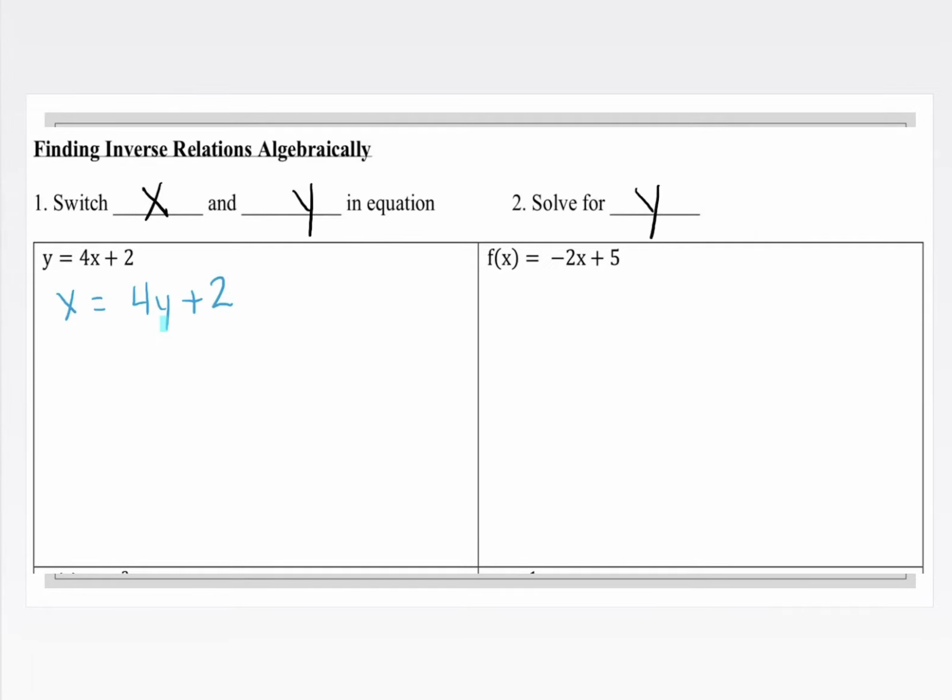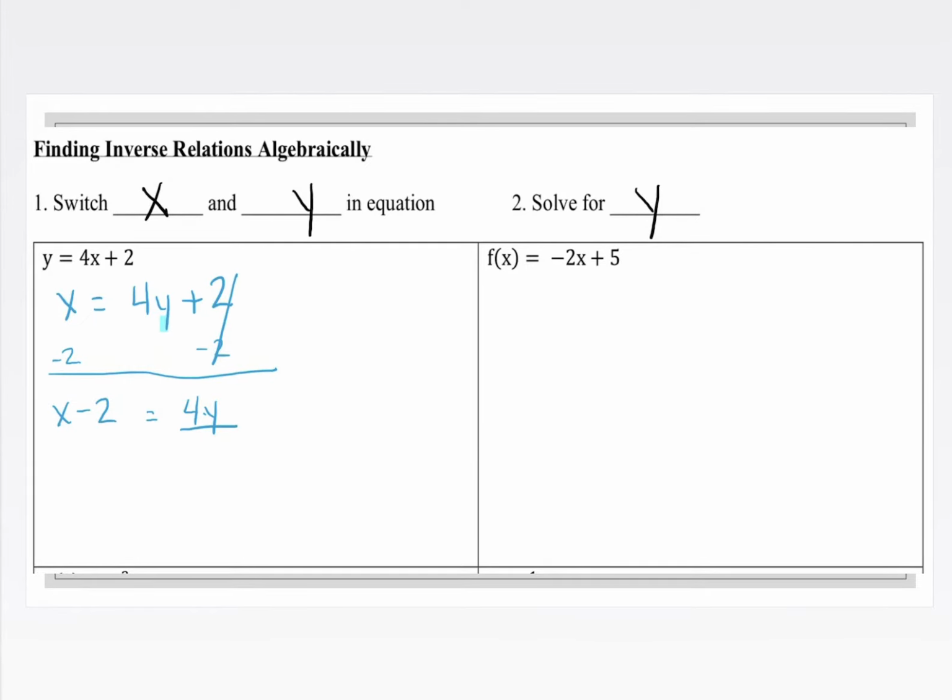So I'm going to try and isolate it. First, I'm going to subtract 2 from both sides to keep that equation balanced. We get x minus 2 equals 4y. Now, since the 4 and the y are tied together with multiplication, the inverse is division, so that's how we can undo it.